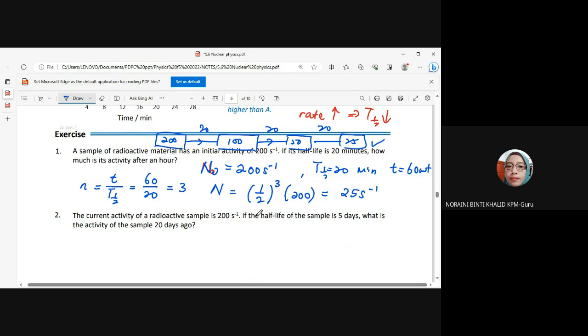But you need to memorize it, it is not given. It is not in the formula list.